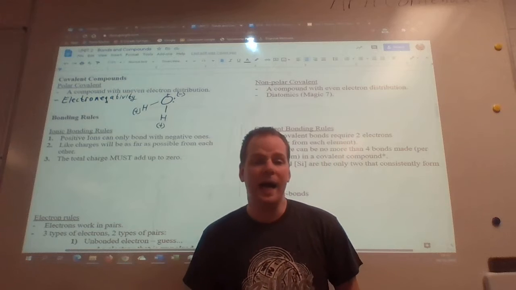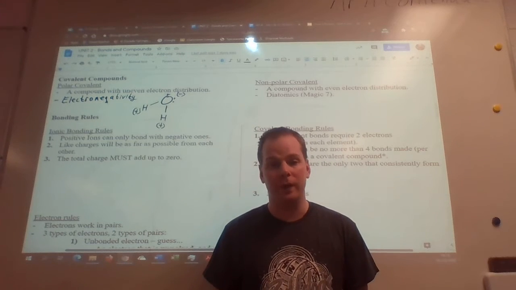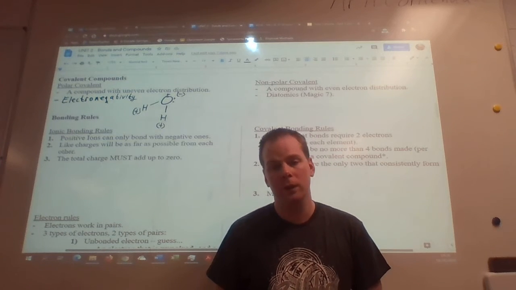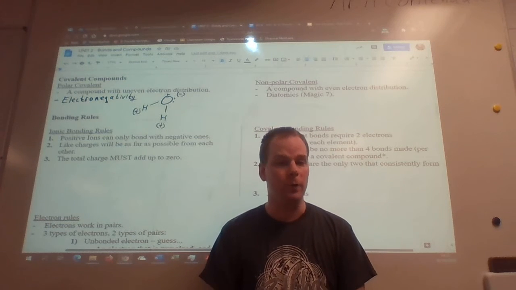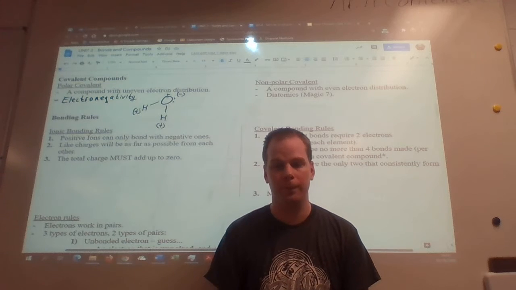An atom with a high electronegativity gathers electrons strongly. An atom with an extremely low electronegativity repels them strongly.